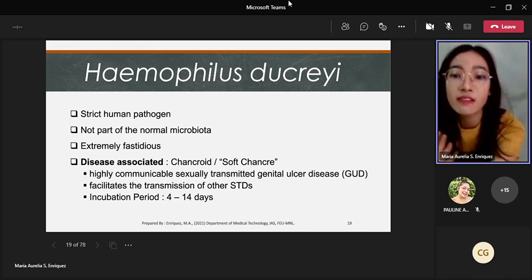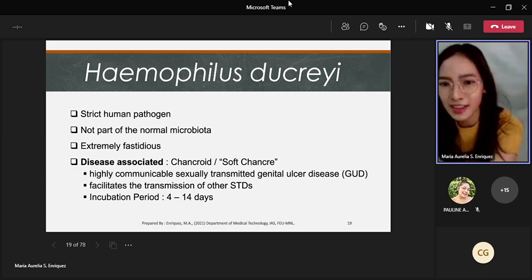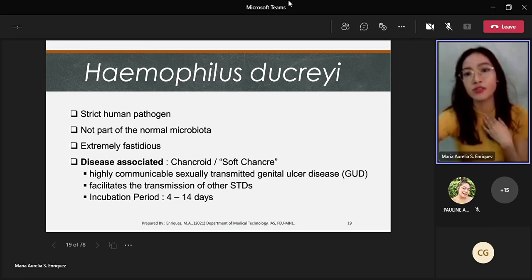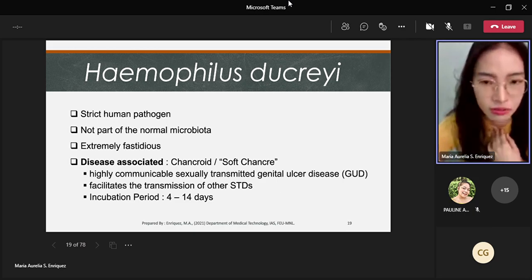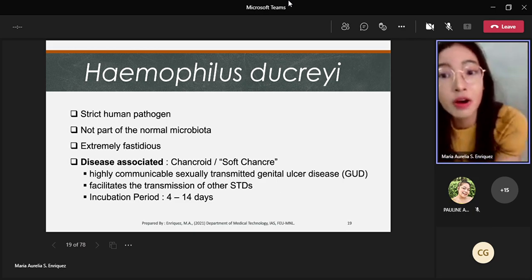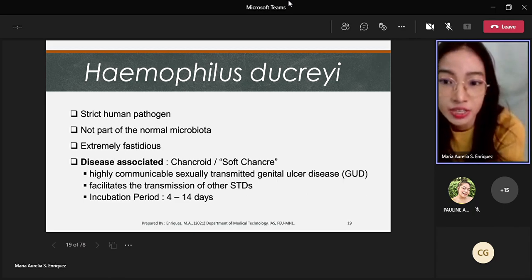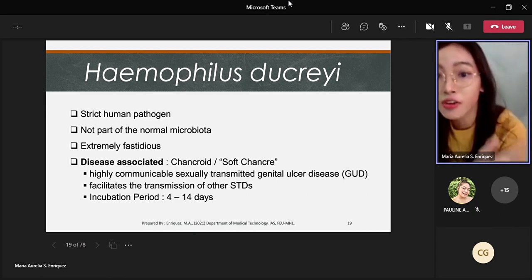And the next clinically significant Haemophilus in our discussion is Haemophilus ducreyi. So this is not a part of the normal flora, and this could only be isolated from humans during the course of infection. So Haemophilus ducreyi is the causative agent of chancroid or soft chancre.